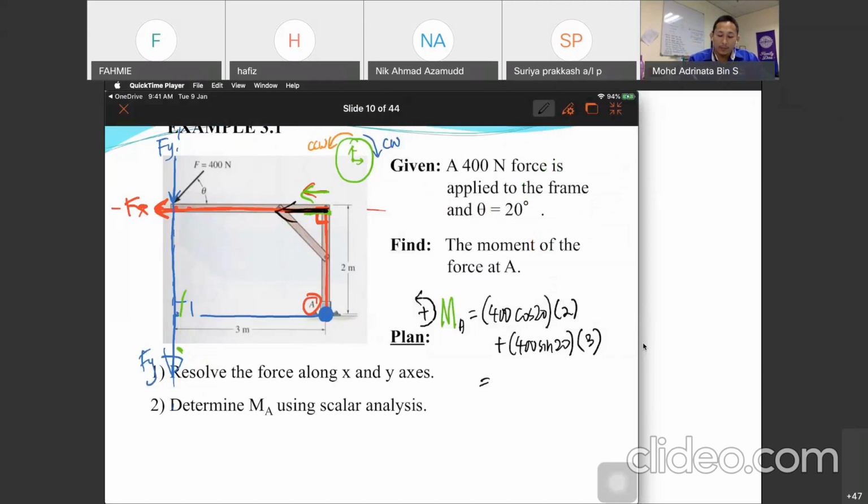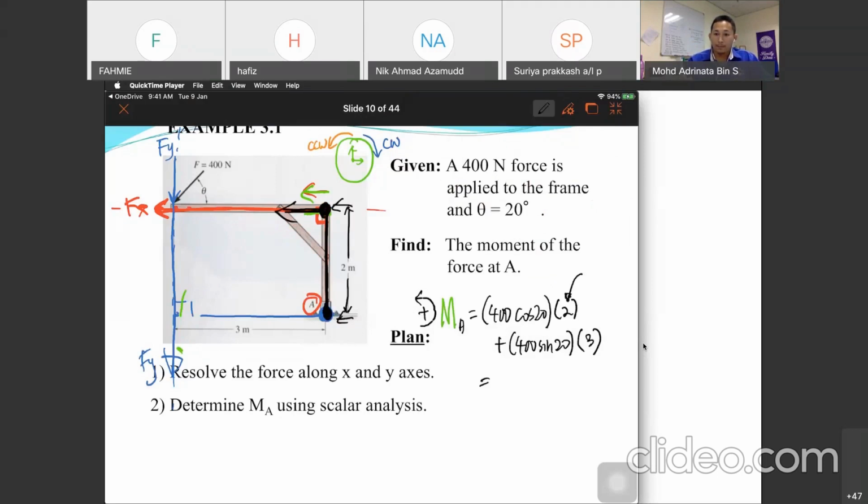This is from point A. What is the distance from here to here? It should be this one. So Fx is 2 meter.